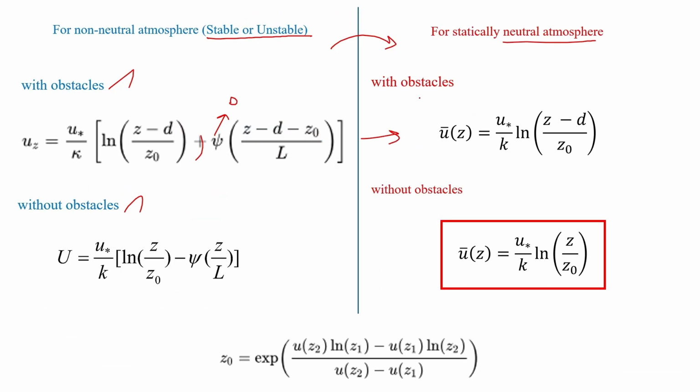So remaining will be with the obstacles, because the d term is there. Then without obstacle, the d term also will not be there. So this will be the final simplest form. Most of the paper books, every calculation, mostly they will use this formula only. U star by K, L and Z by Z naught. So maybe in the next slide I will show you how we can use this to find the velocity.